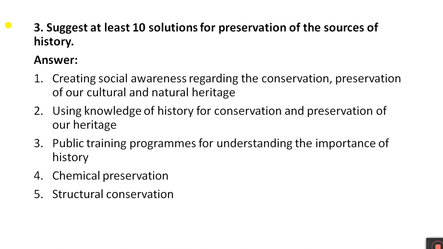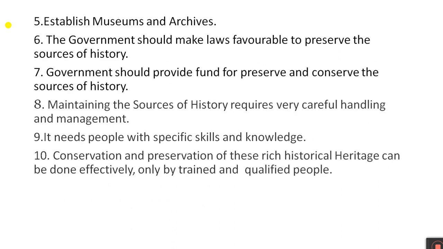Second one, using knowledge of history for conservation and preservation of our heritage. Third point, public training programs for understanding the importance of history. Fourth one, chemical preservation. Fifth one, structural conservation. Sixth one, establish museum and archives.